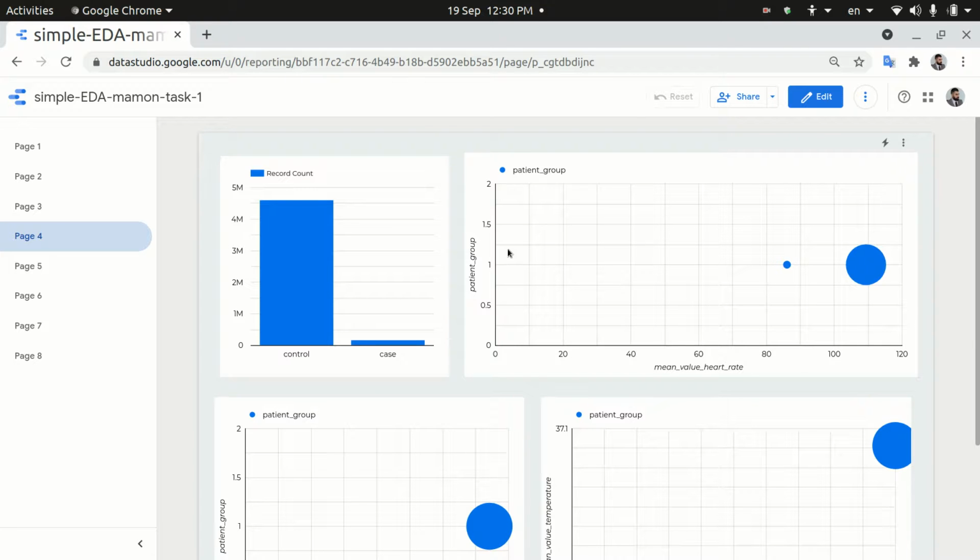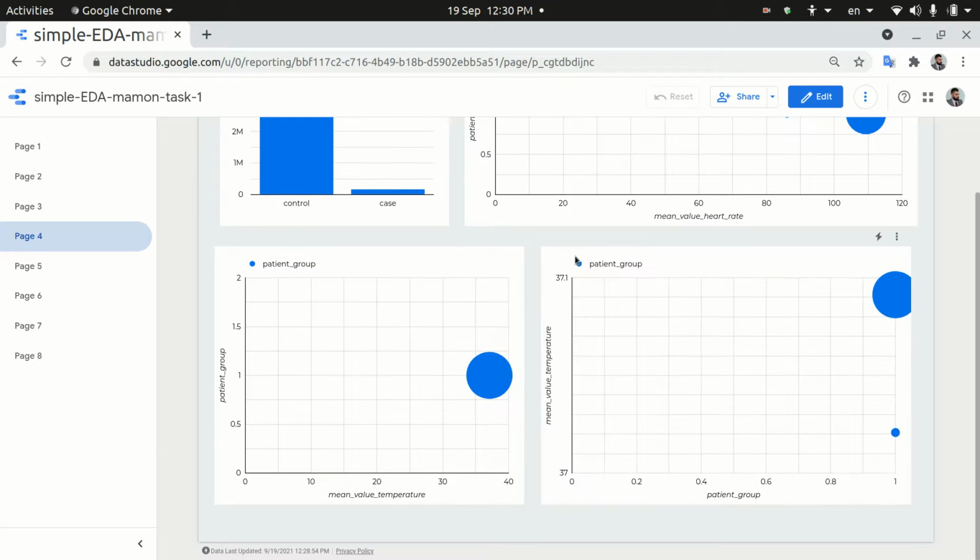But since it is not, I'm just taking the data and showing it. We can understand that the majority of patients in the case group have a different heart rate than those in the control group. While using other features, as you can see here in mean value temperature, they are equal and put in the same place.